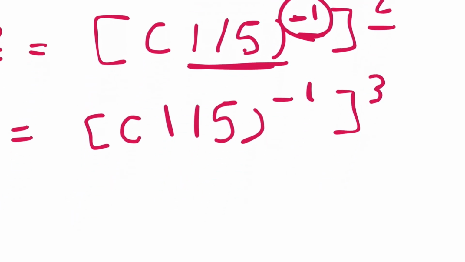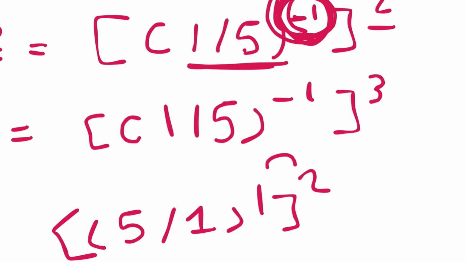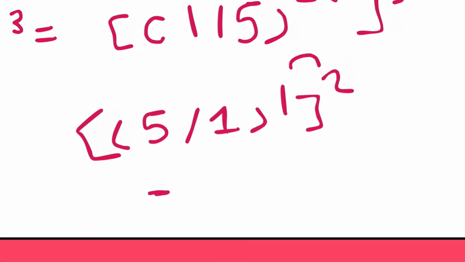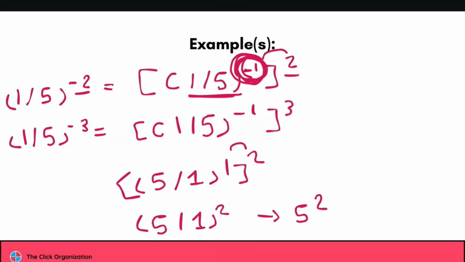Meaning that if I have 5 divided by 1, this will make the power, which is negative 1, a positive 1. And then when this positive 1 is multiplied with 2, it creates 5 divided by 1 to the power of 2, or basically, 5 to the power of 2. Okay? So it's very much simplified.